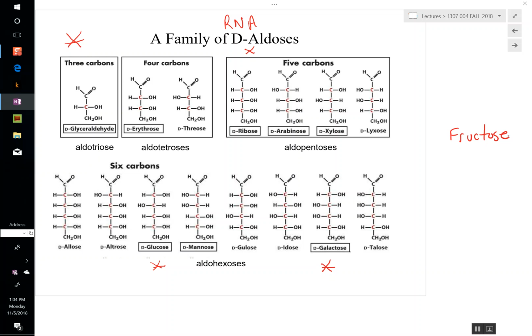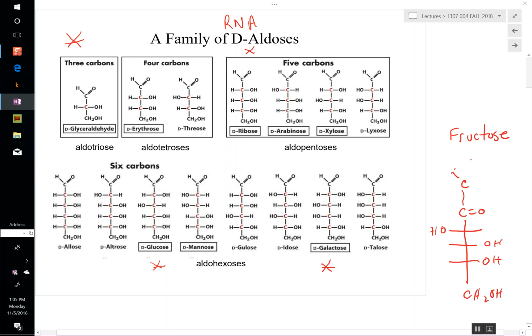So fructose has... so this is fructose. Oh, this has got a CH2. Just keep in mind that fructose has a CH2OH at the top and the bottom.